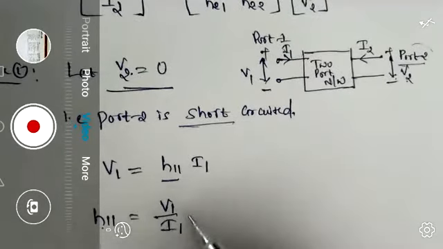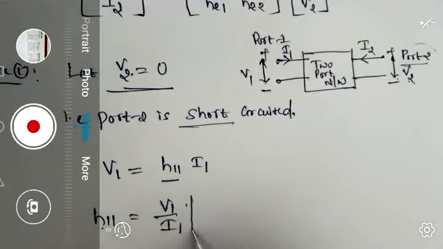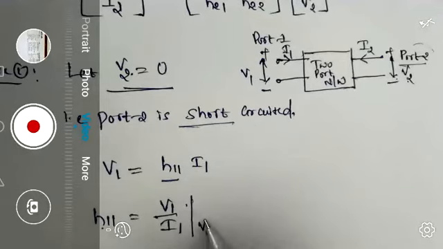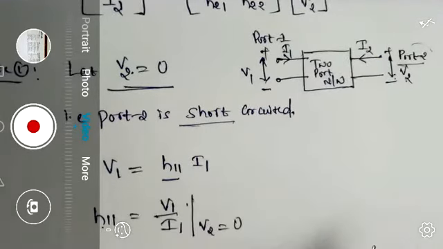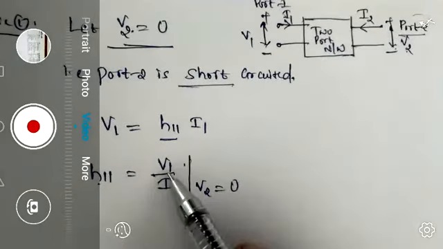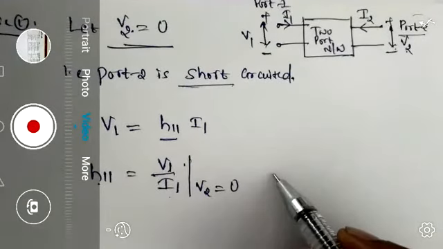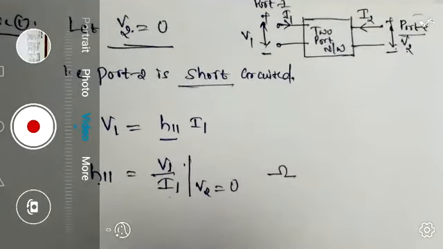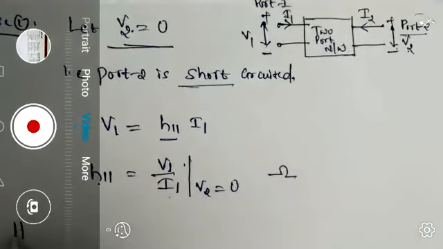This ratio of voltage by current we got when V2 equals 0, that is, when port 2 is short circuited. The parameter H11 is the ratio of voltage by current, so its SI unit is ohm.